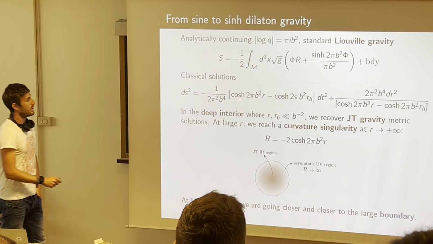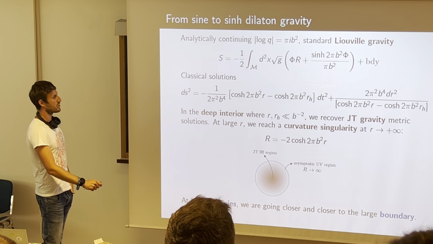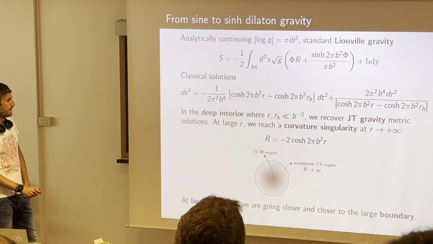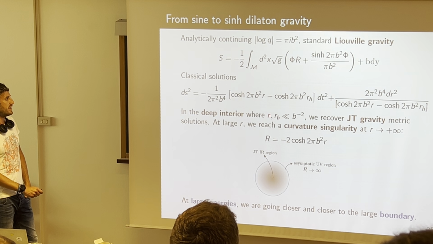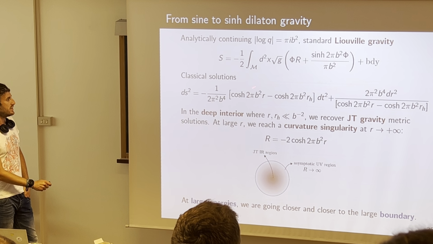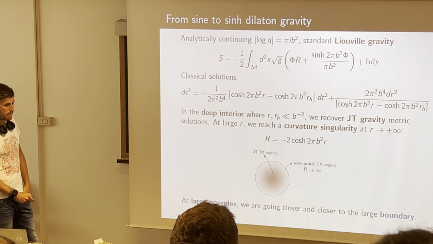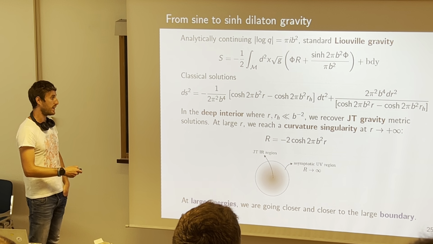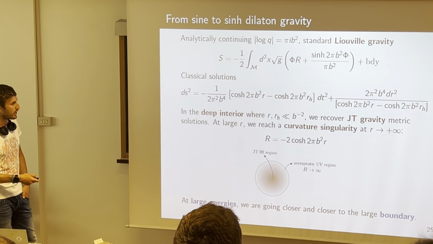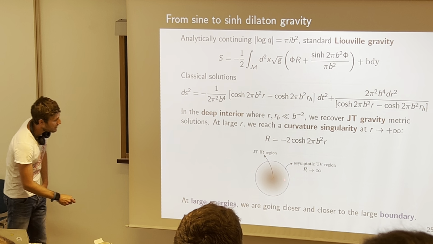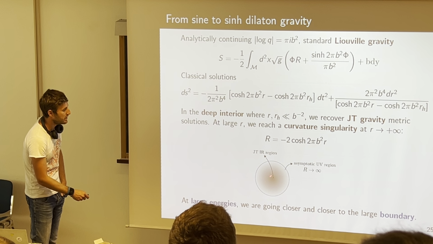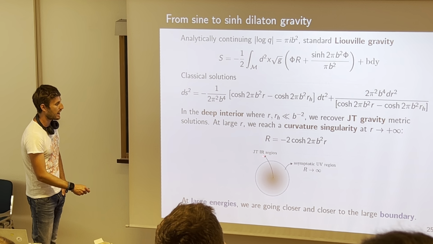How to see that? If we consider the classical solutions of the theory, they take this form. If we expand in the deep interior, when the radial coordinate is small, this reduces exactly to the AdS2 black hole of JT gravity, the black hole patch of AdS2. So deep in the interior of our theory, we have JT in the IR.